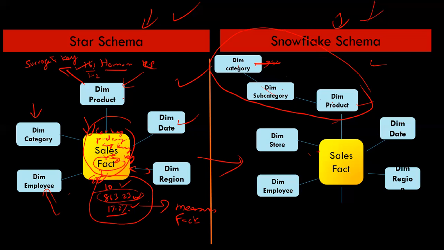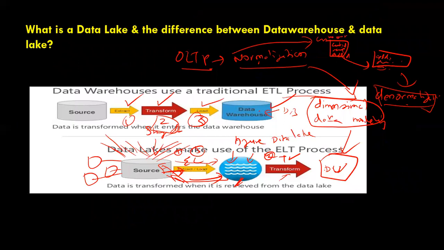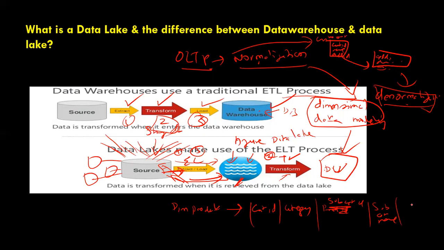If you store everything in, let's say, this table, I don't have space here, I will just write it. So dim product. If I store everything, for example, category ID and category name, product ID or subcategory ID, subcategory name, many columns will be there, and also the product ID, product name, and product price.